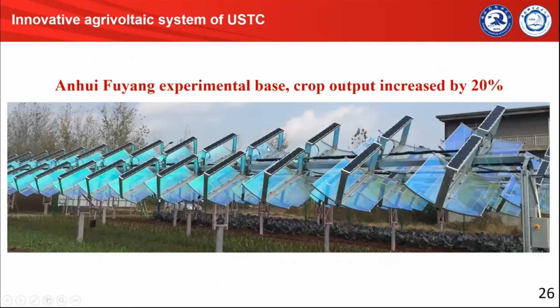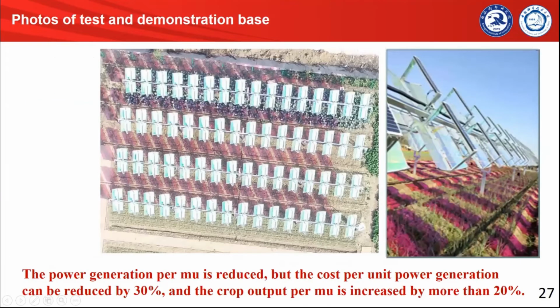We already set up this kind of experimental farm in Anhui, in China, and the results are very good. The plants grow very well, and the productivity actually increased 20%.